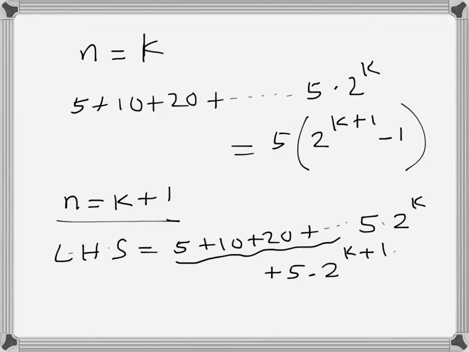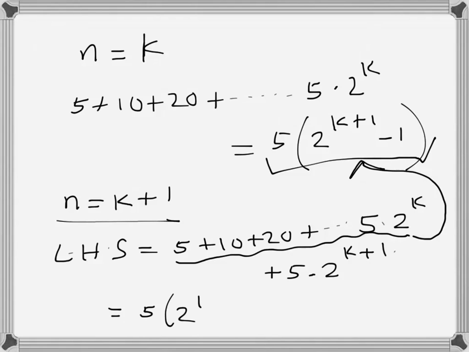Now up to here, we have said that this is true, so this is equal to the right hand side. So instead of the series, we write the right hand side there, plus 5 times 2 to the power k plus 1.